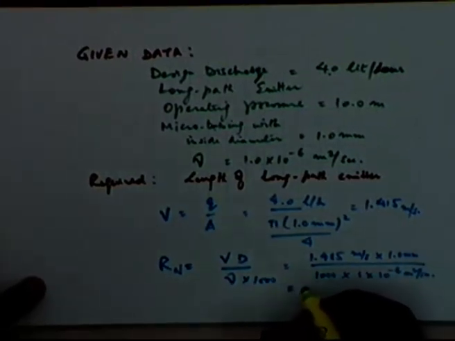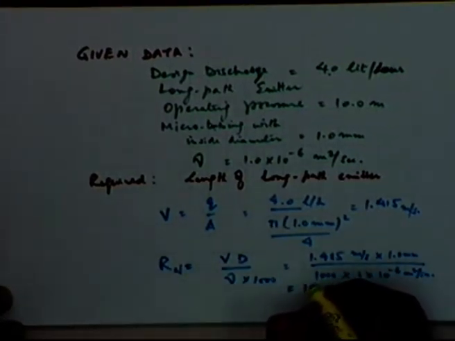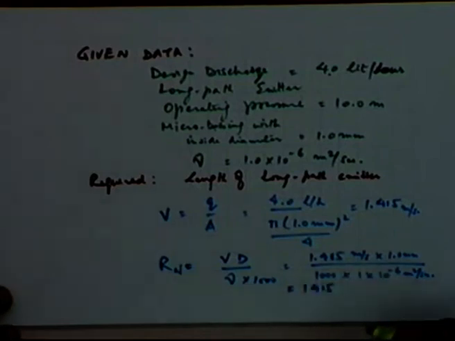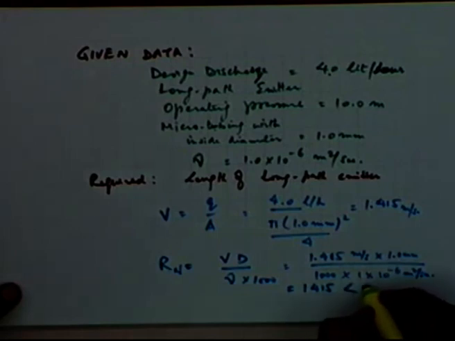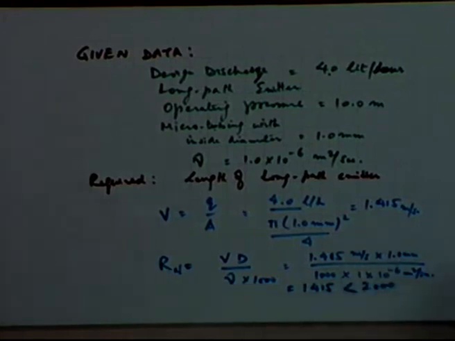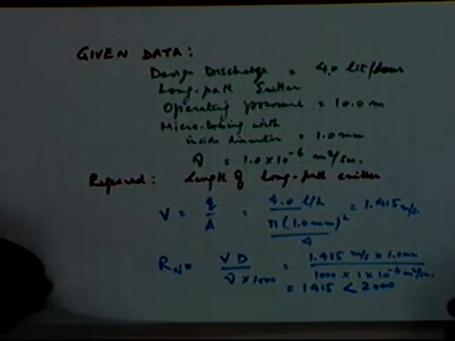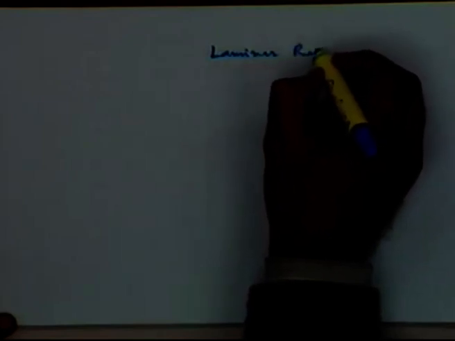This works out to be 1.415, which is less than 2000. Therefore, the flow regime is laminar.